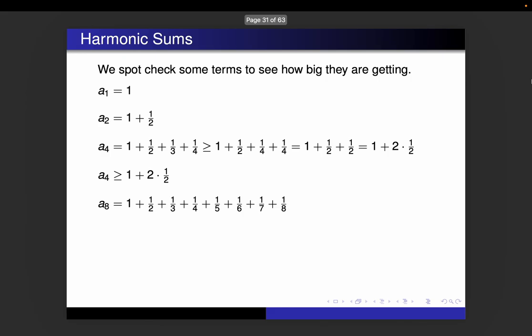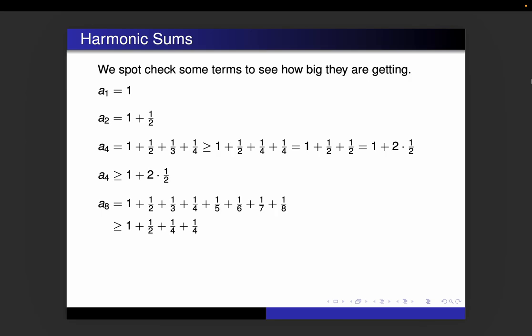The next one's going to be a_8, right? So a_8 is 1 + 1/2 + 1/3, all the way up to 1/8. If we make the 1/3 into a 1/4, that'll make it smaller. If we take the 1/5, 1/6, 1/7, and turn those into 1/8, that'll make it smaller still. And so we end up with 1/4 + 1/4, right, when we turn the 1/3 into a 1/4.